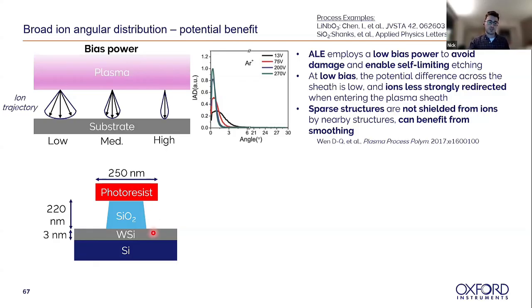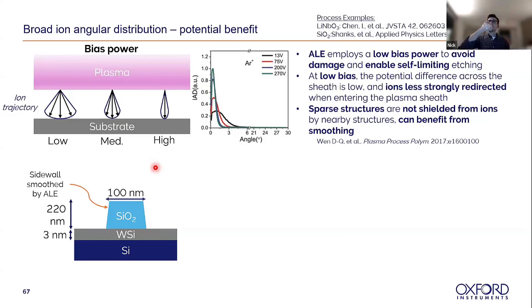And what this did was it took their 250 nanometer wide pattern and narrowed this down to 100 nanometers, with the benefit that it smoothened out some of the line edge and line width roughness, so that when they translated the etch into the tungsten silicide underneath, they had a more consistent profile of the structure they were after.